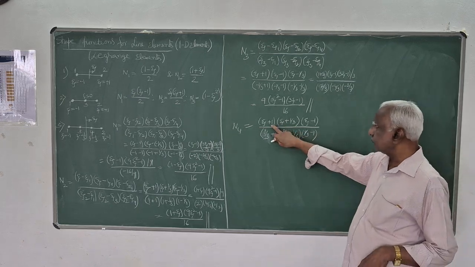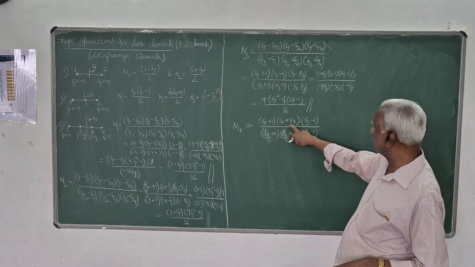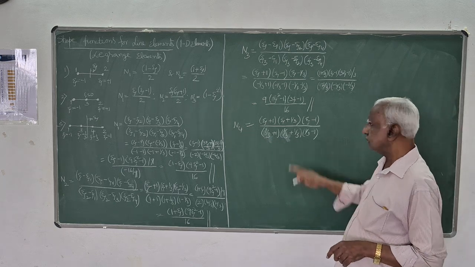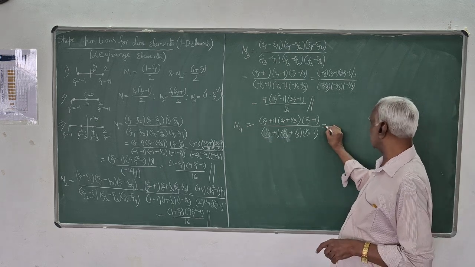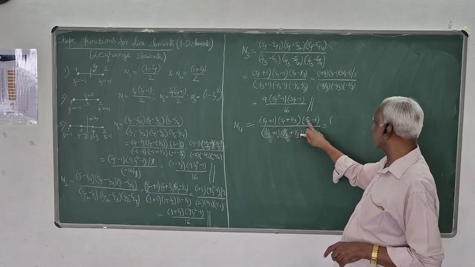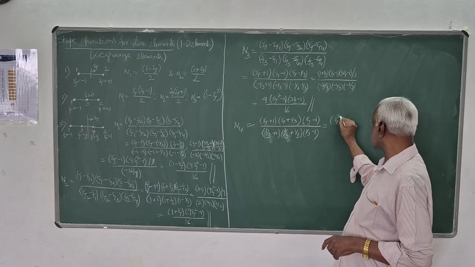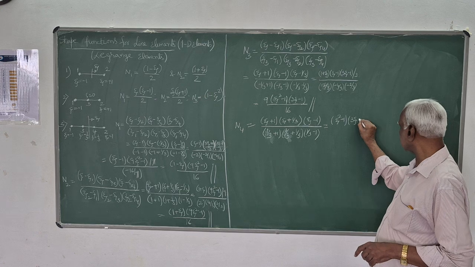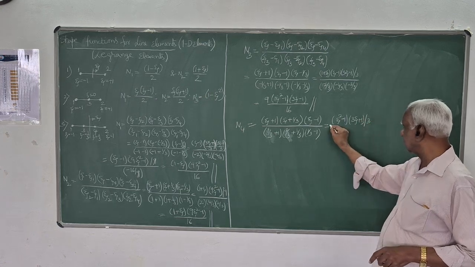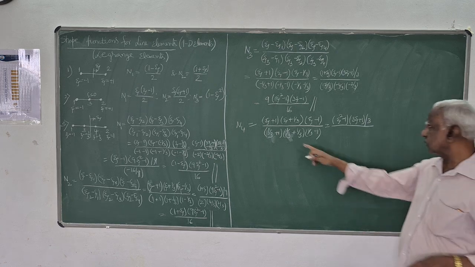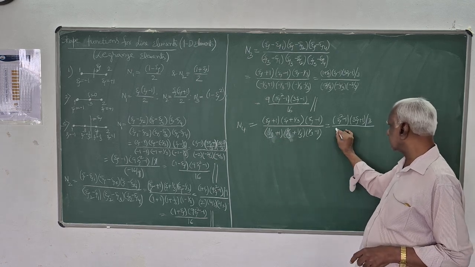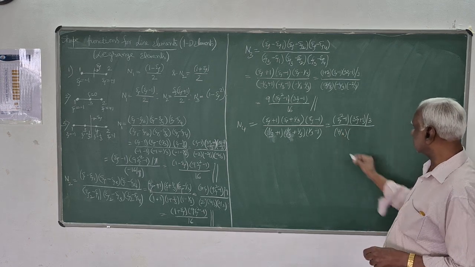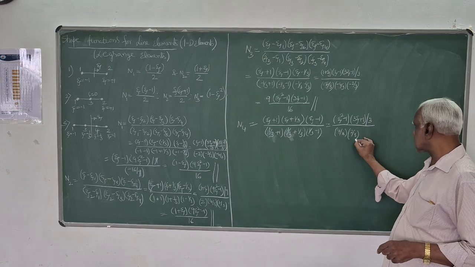This is for node 1, node 3, node 2. And these are for psi 4. This is equal to (psi plus 1) into (psi minus 1), that is psi squared minus 1, into (3 psi plus 1) divided by 3, divided by 4 by 3 into 2 by 3, this is minus.